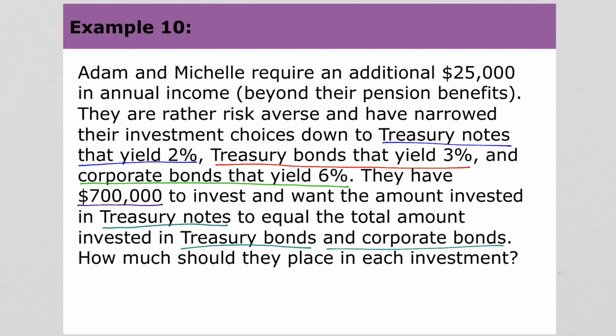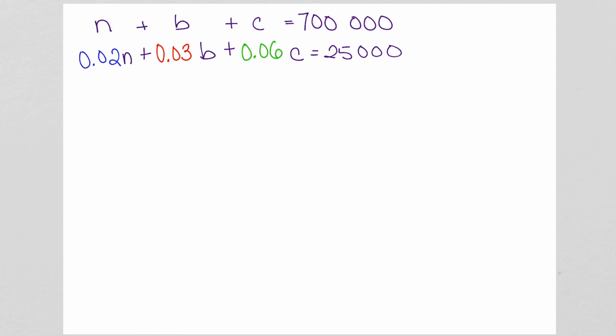The last equation comes from that last sentence where it says Treasury notes to equal Treasury bonds and corporate bonds. So N equals B plus C. We need to get that in the right form, so we just need to get B over and C over, and then we'll just be left with a 0 on the right. So the last equation is N minus B minus C equals 0.